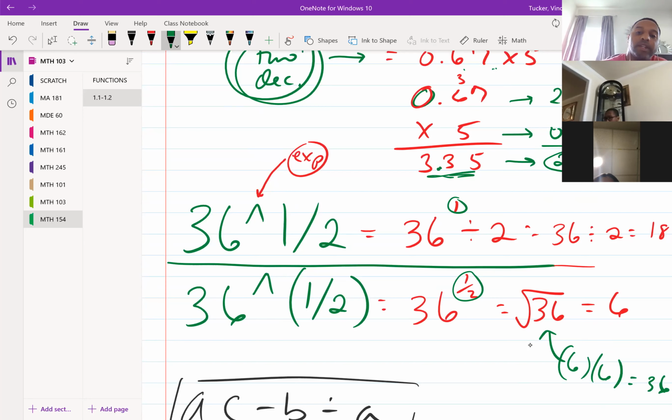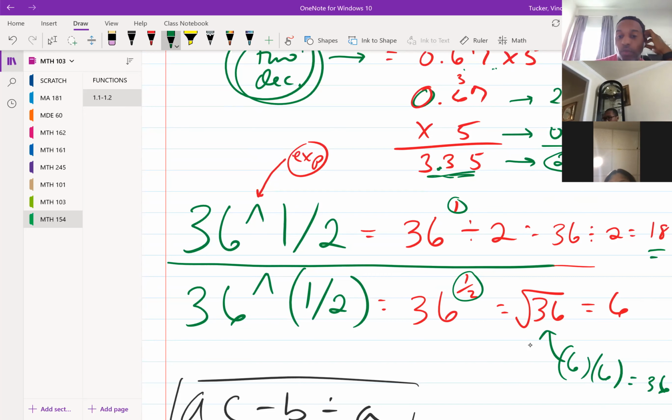If there's no parentheses, then that divided by 2 would follow and not be a part of your exponent. Okay. Everybody okay with the difference? So as you continue to calculate 36 to the first power, anything to the first power is itself. So then I got 36 divided by 2, which is 18.